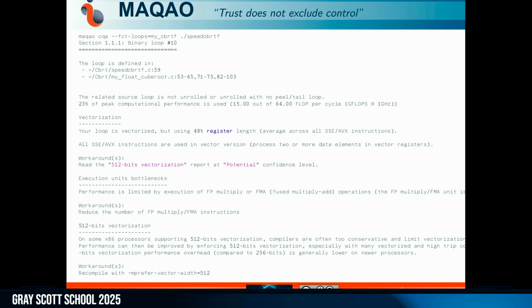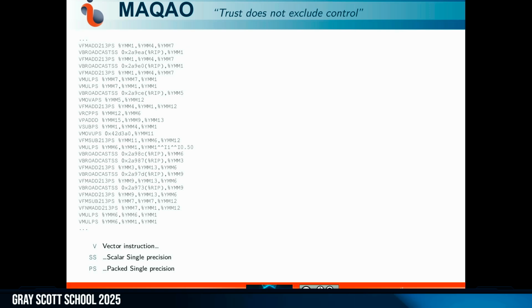I did not show the bad news that one gets. So with AVX512, okay, I should have shown you the version with AVX2, but AVX512 is a bit more difficult.